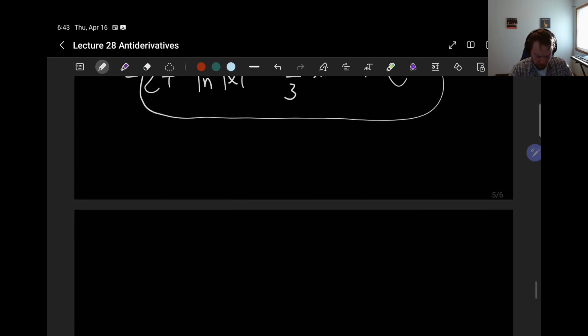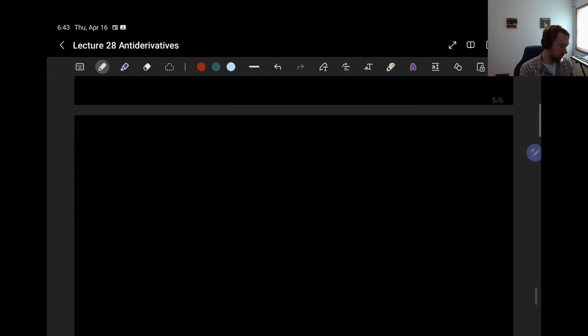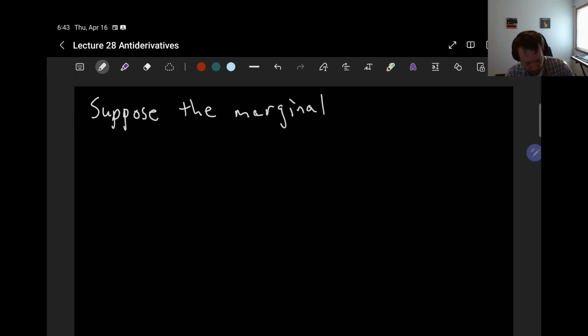Let's finish with a word problem. Start to see a little bit of practical application of these things. Talking about the marginal cost.